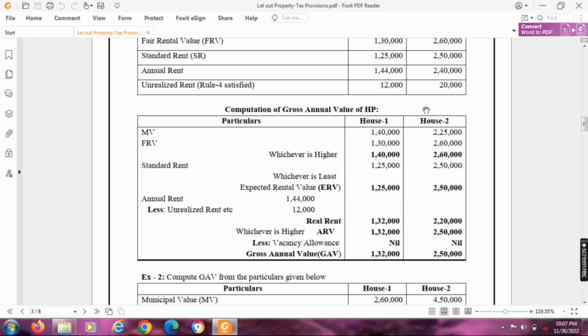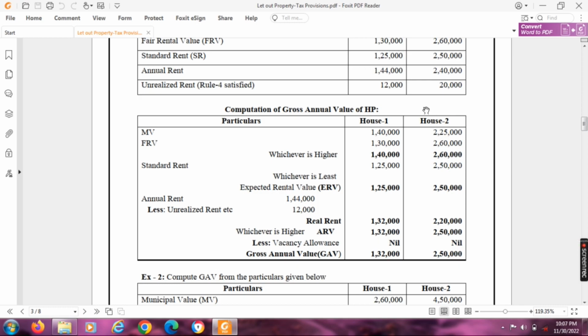In the same case, the annual rent is 2,40,000 but the unrealized rent is 20,000. Balance 2,20,000 is the real rent for the second house. Out of these two, whichever is higher, that value is called the annual rental value. So for the first house 1,32,000, for the second house 2,50,000. But in this sum, there is no information about the vacancy allowance.